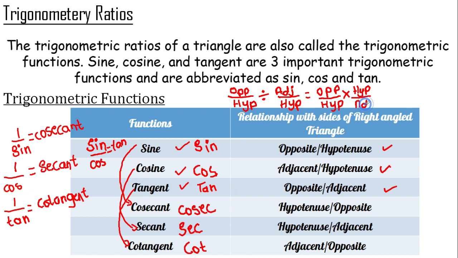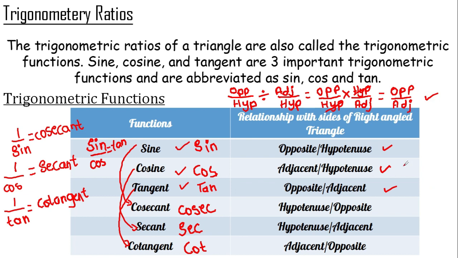Both hypotenuse get cancelled, so we get opposite by adjacent. Opposite by hypotenuse is sine, adjacent by hypotenuse is cos, so if we divide these two we get tan, that's opposite by adjacent.